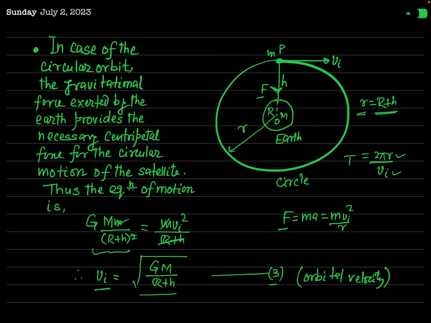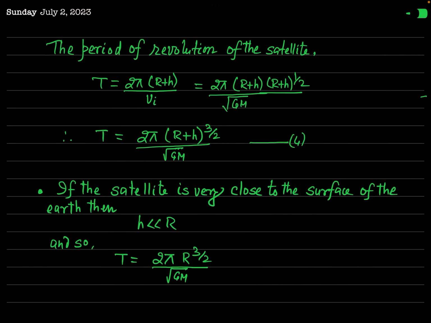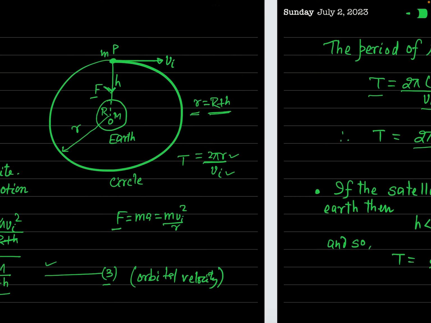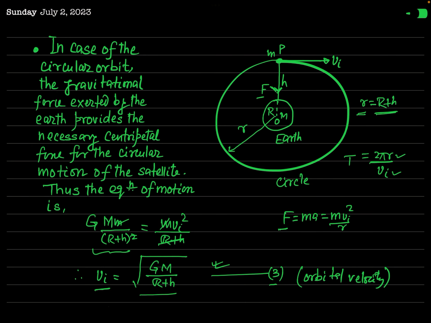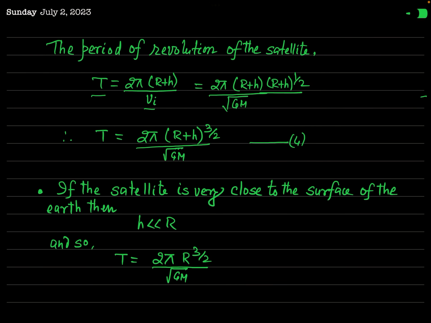In the case of a circular orbit, vi is this much. So we substitute this value, and T is equal to 2 pi times (R plus h) divided by vi. But vi, as you have seen, is equal to this much, and when you substitute this value of vi here, your result will be 2 pi times (R plus h) times (R plus h) to the power half, divided by square root of GM.